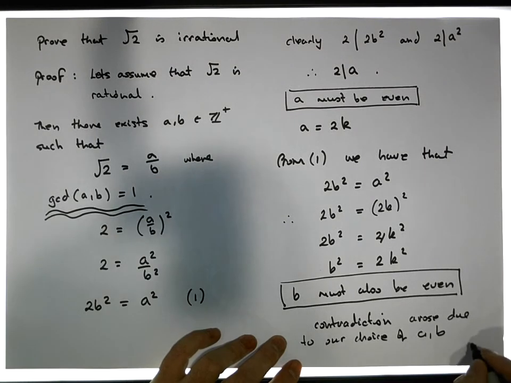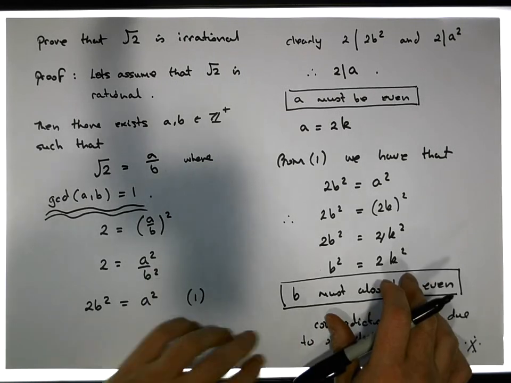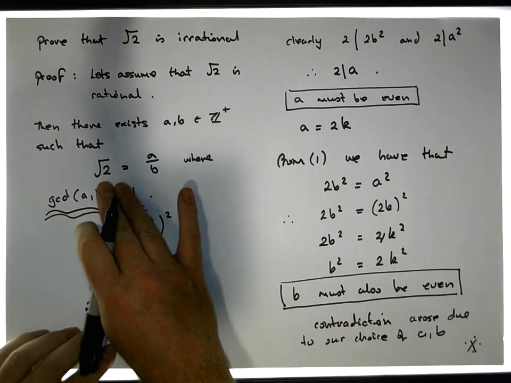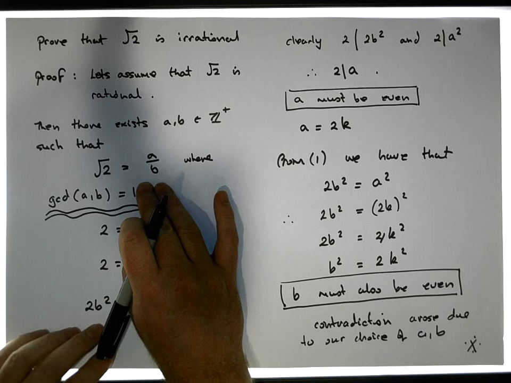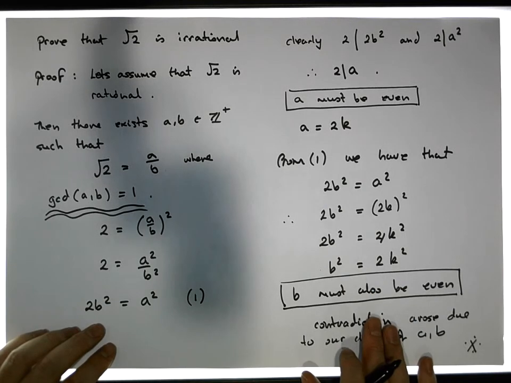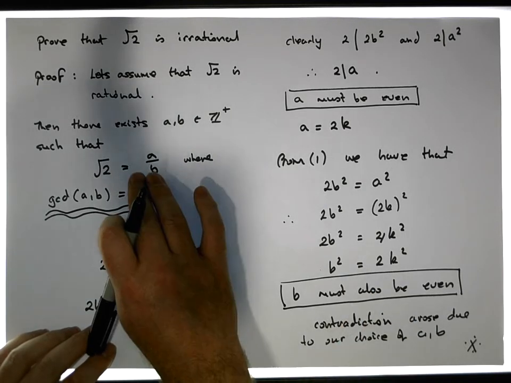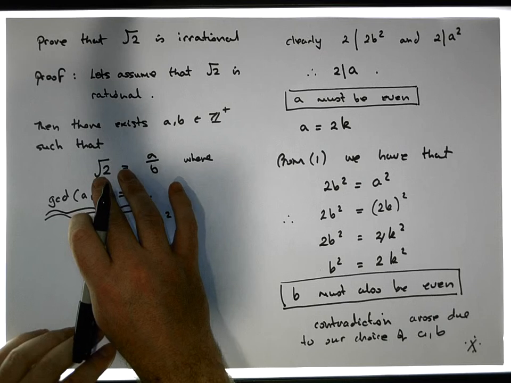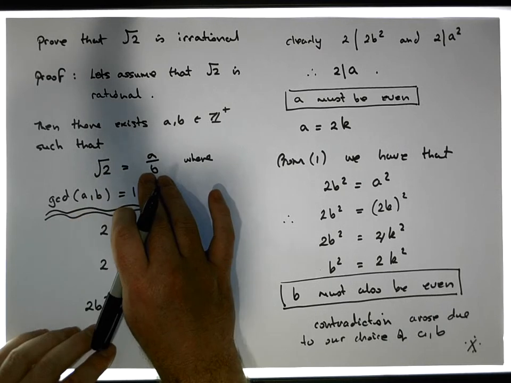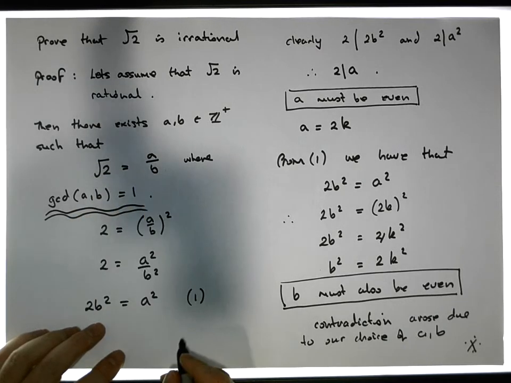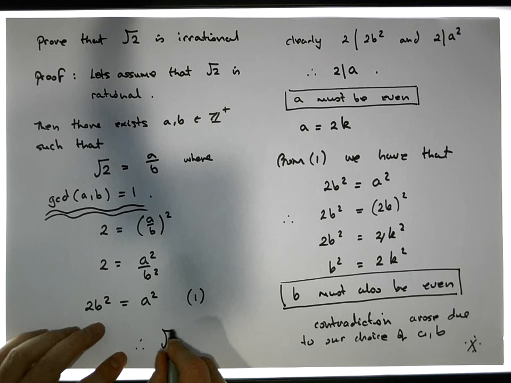So what this is saying is that if we assume the square root of 2 can be written as a rational number, what we get is a contradiction. So this must not be the case. So the square root of 2 must not be able to be written as a rational number, and therefore the square root of 2 must be irrational.